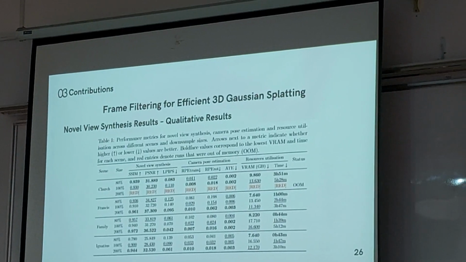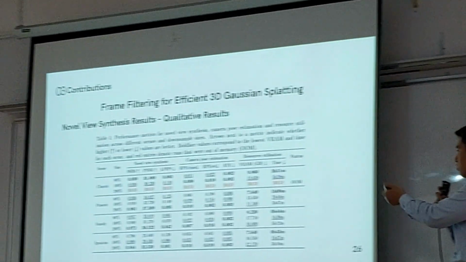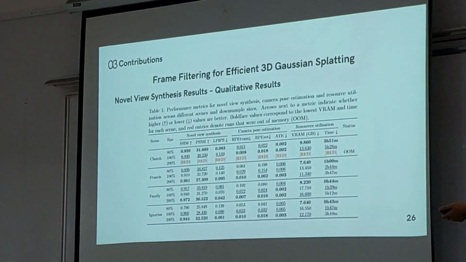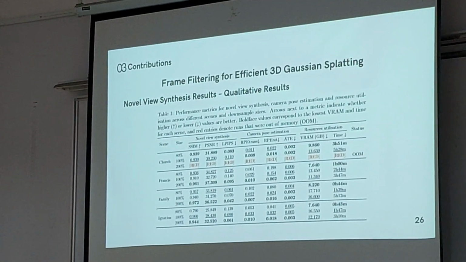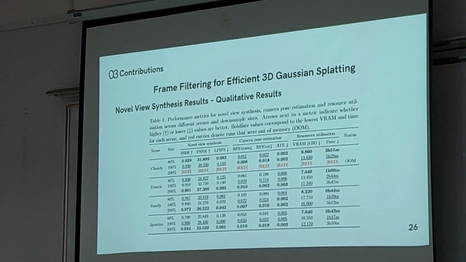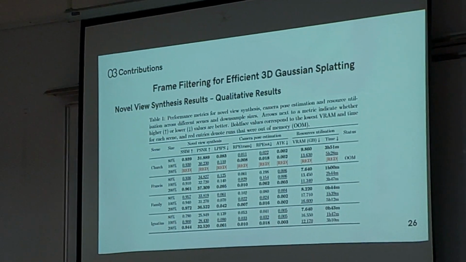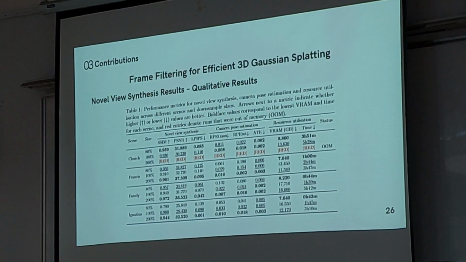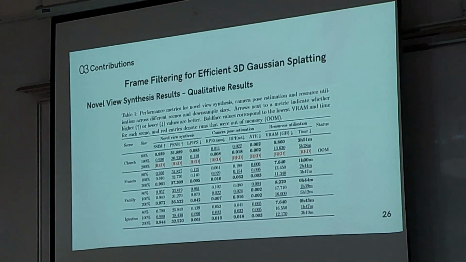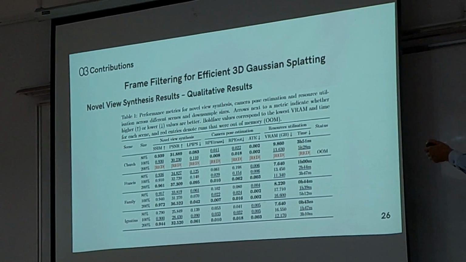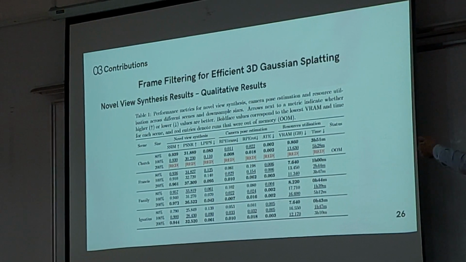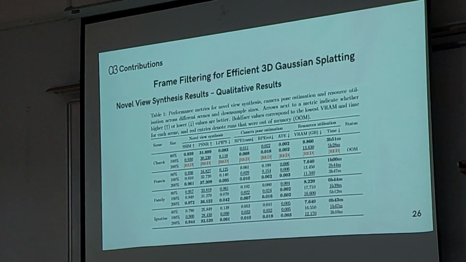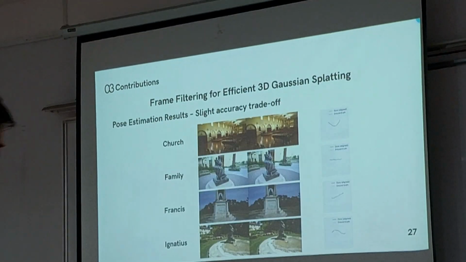As you can see over here, we bolded the results of the top performing settings. Although our approach, the sample 80% one, may not appear to be very dominant, the resource utilization can be saved in terms of VRAM and training time, while still maintaining a fairly competitive rendering effect.